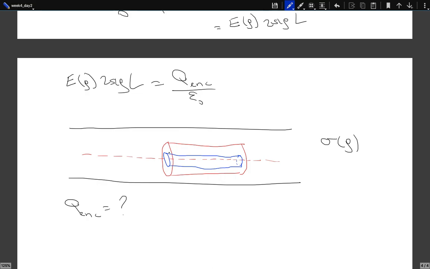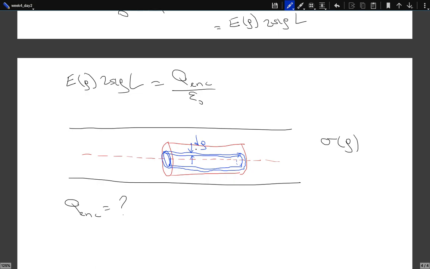Now let me just imagine that this blue cylinder has some thickness. Let's call that thickness d rho. Now it has a finite volume.